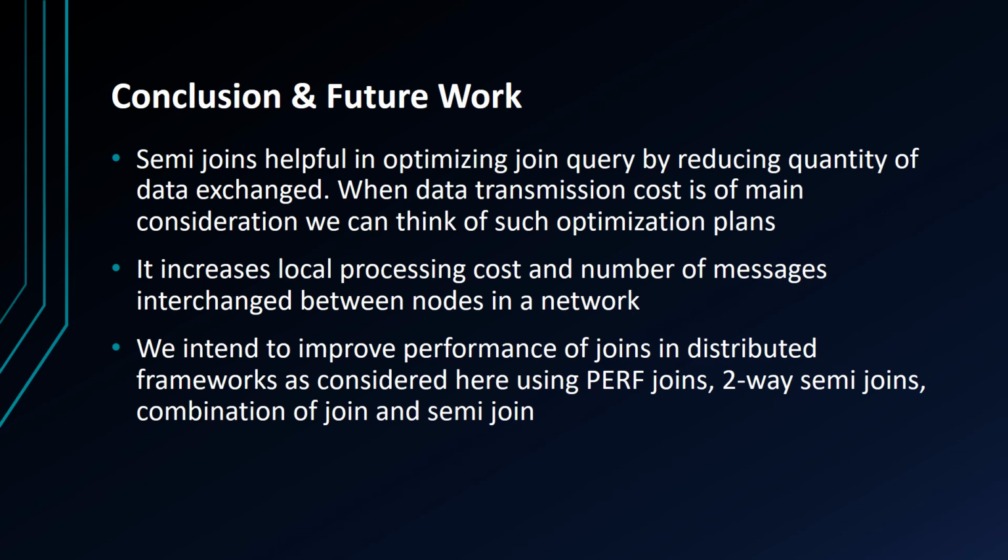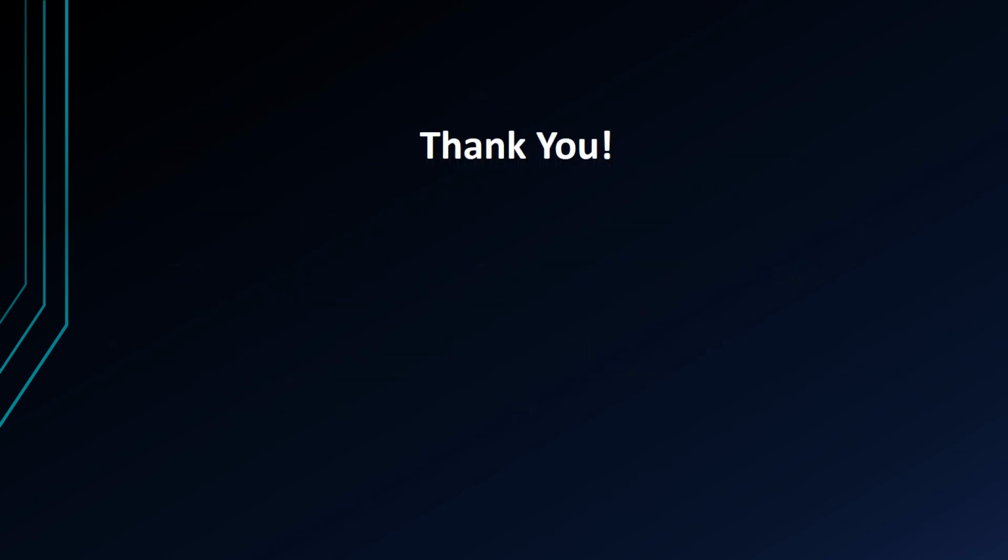We will think of improving the performance of joins over the semi-join operator we have talked about in this design. We can think of perf joins, Bloom filters, two-way semi-joins, a combination of join and semi-join, and various other techniques to improve the join performance between relations in a distributed framework. All for today. Thank you.